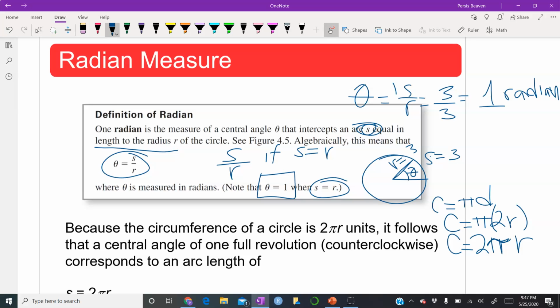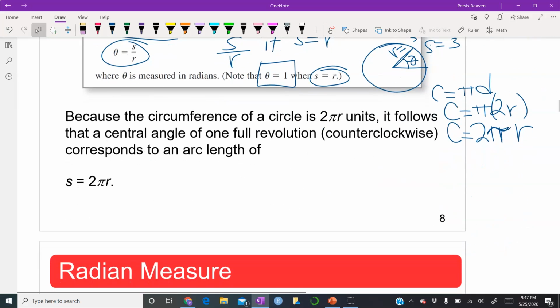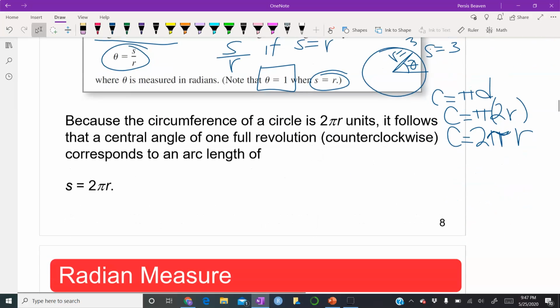So it follows that a central angle of 1 full revolution, and when we say 1 full revolution, I want you to imagine an angle in standard position. So we start on the positive x-axis and we go in the counterclockwise direction so that the angle is positive.